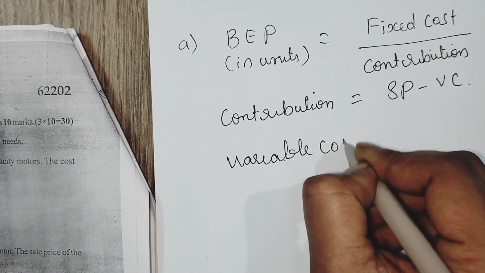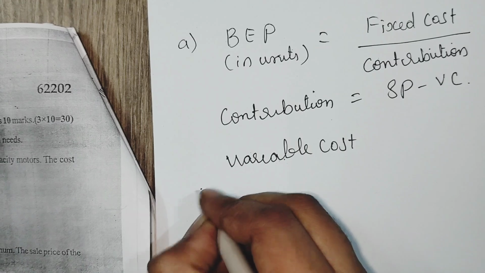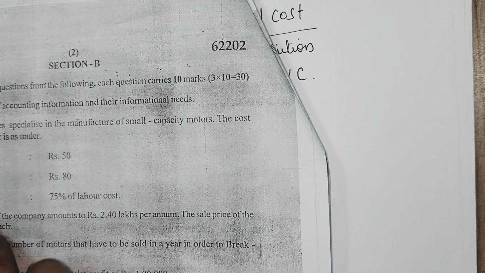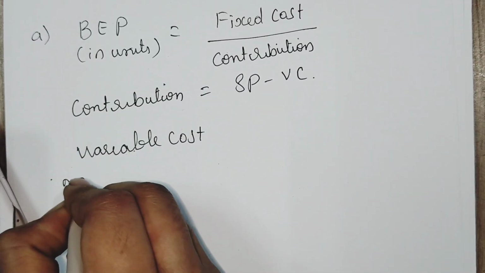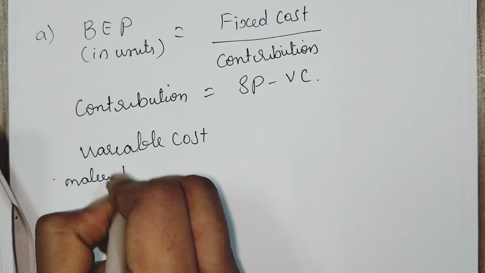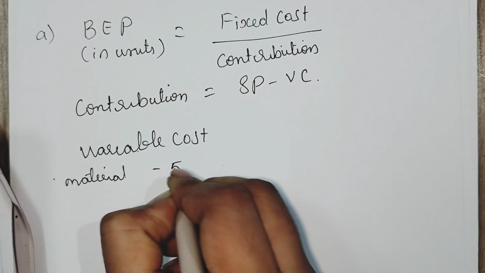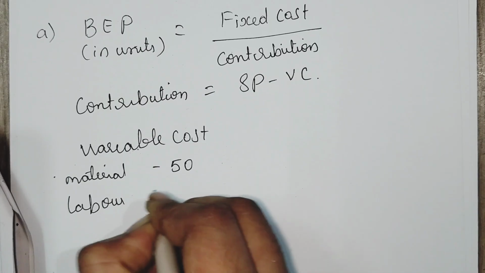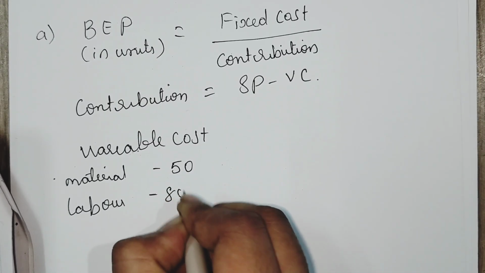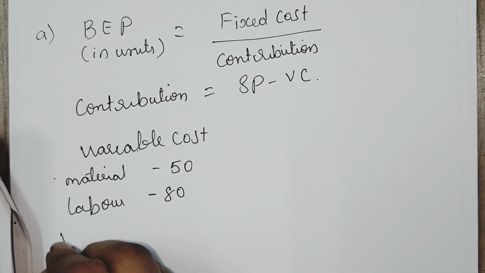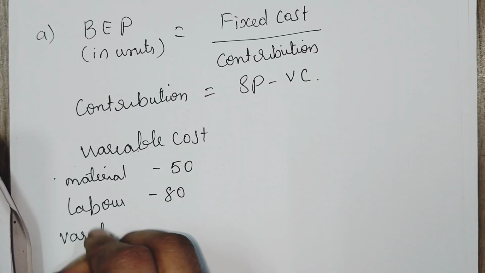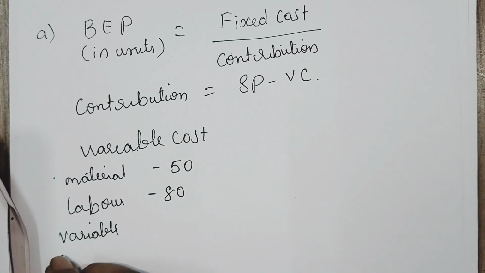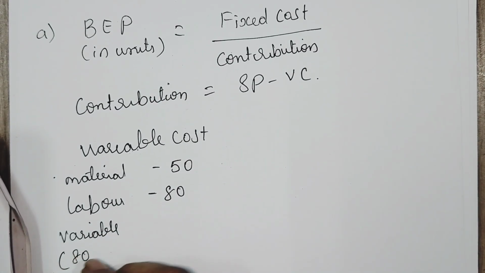Variable cost is material 50, labor 80, and variable overheads 75% of labor cost.